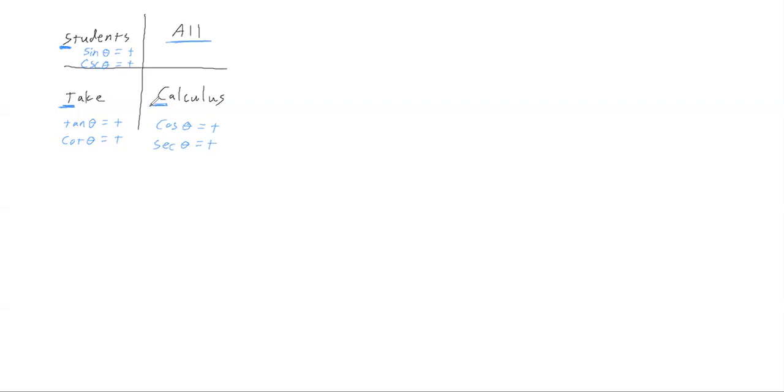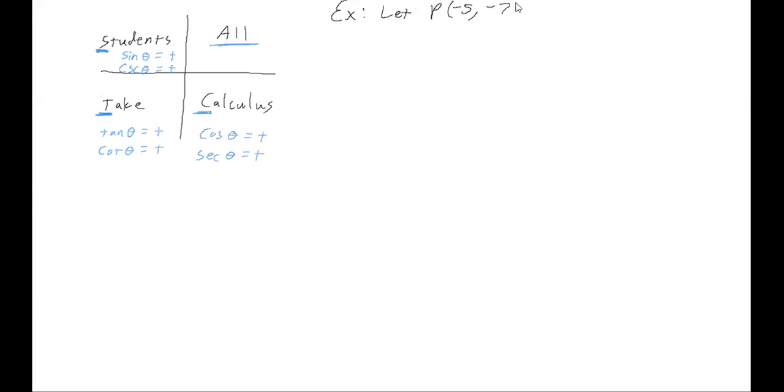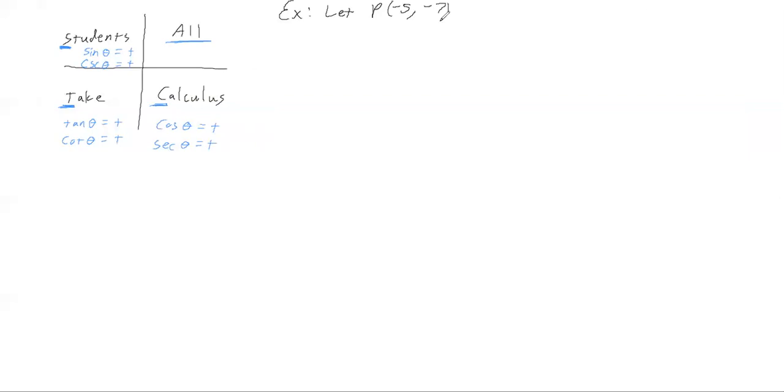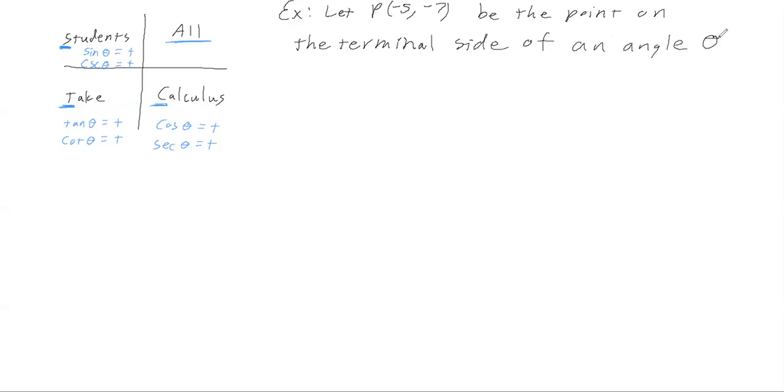All right, so that brings us to an example here. Our example is going to read something like: let P, the point defined by (-5, -7), be a point on the terminal side of an angle theta in standard position.